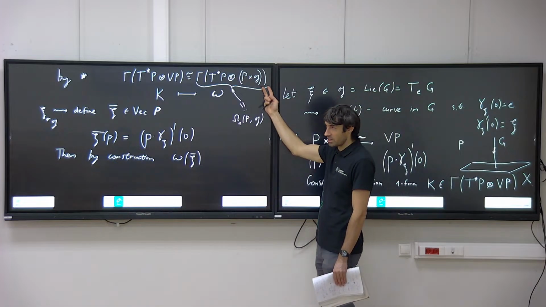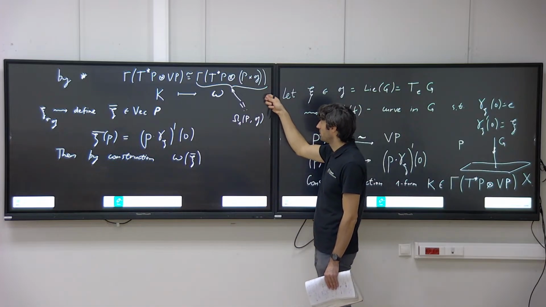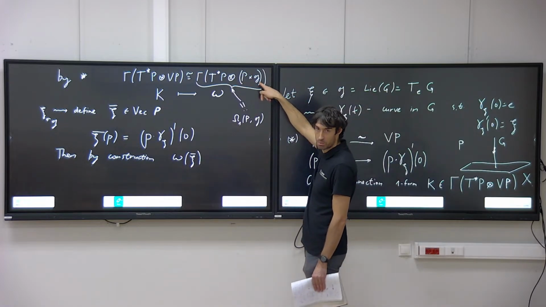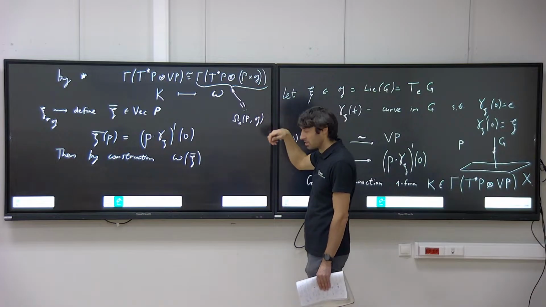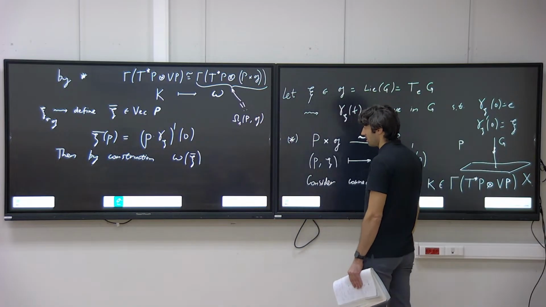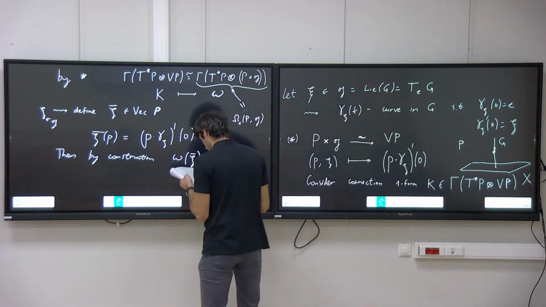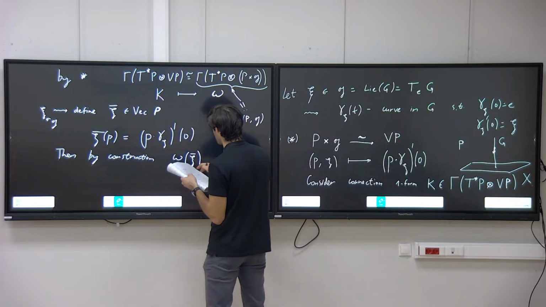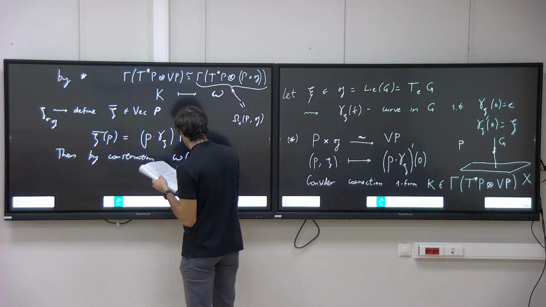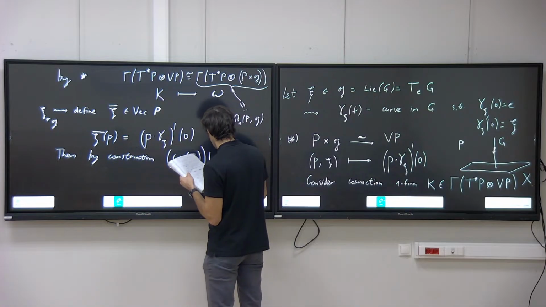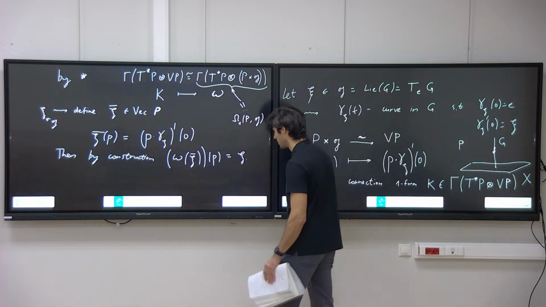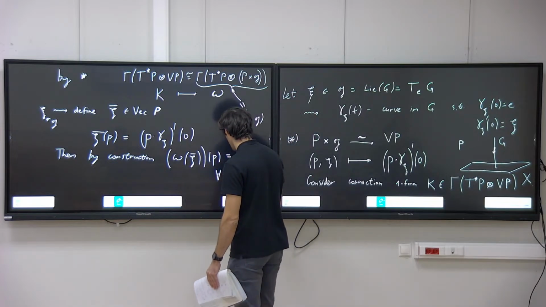It means that at each point of P I will have an element of the Lie algebra, and so this is just omega of psi bar. Well, I should evaluate it. So this thing is a function on P with values in G, and so this is just psi for any P from P.